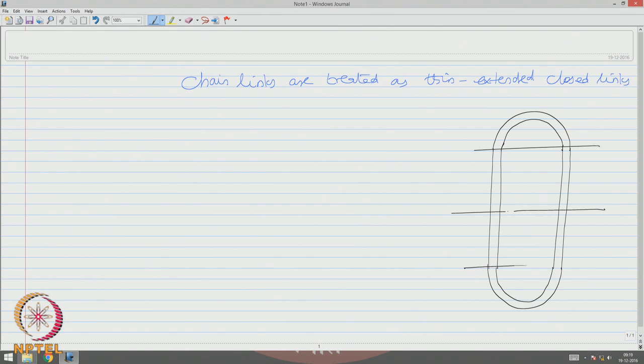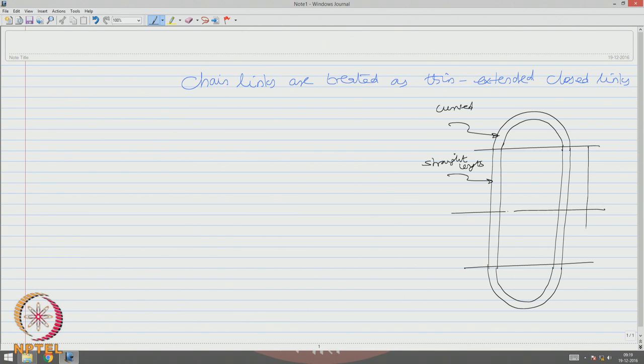So, it has got two components. This is the straight component and this is the curved component.